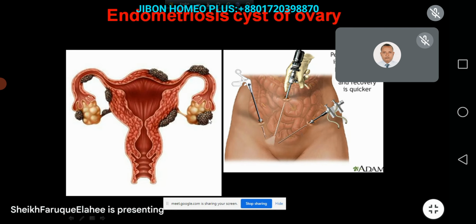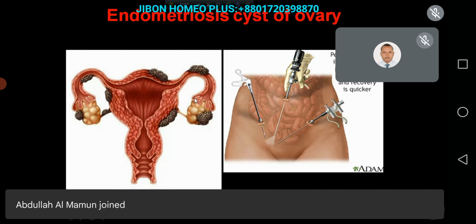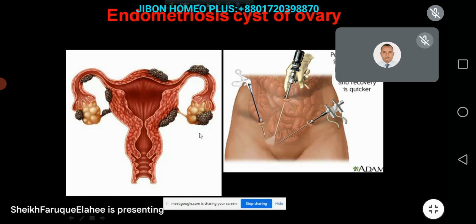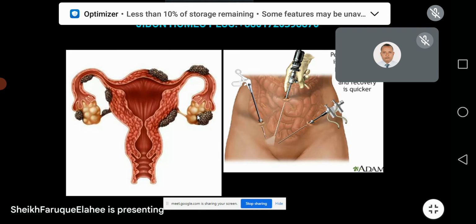This blood cannot come out because there is no way to come out. So this blood will be absorbed a little bit, and it will be very thickened blood, and this will make adhesion of all the fallopian tube here. And the fallopian tube can no longer take the ovum for fertilization, for pregnancy.